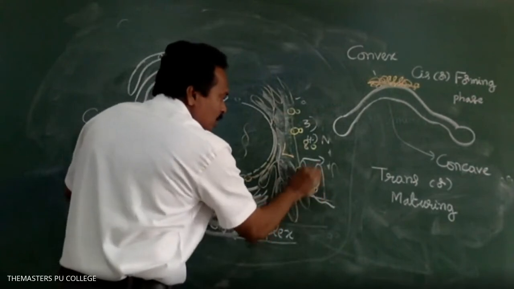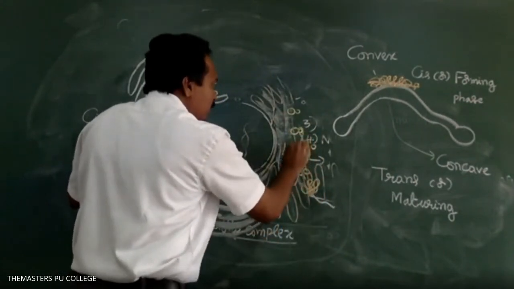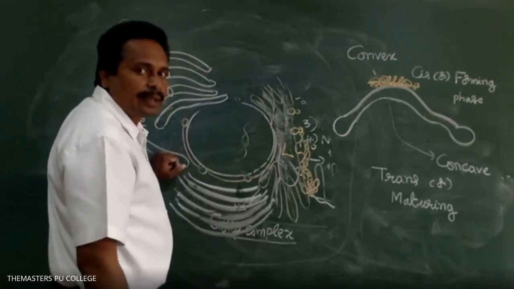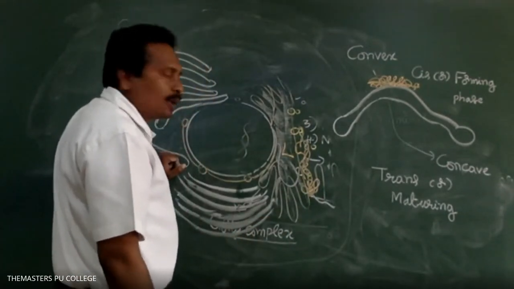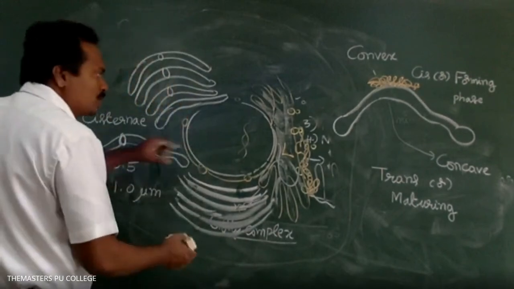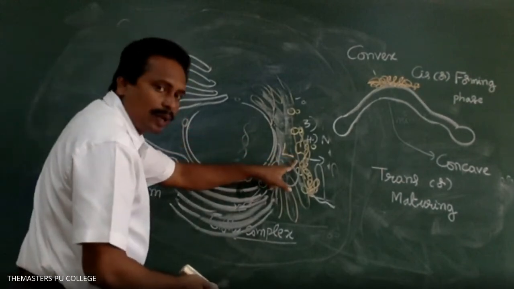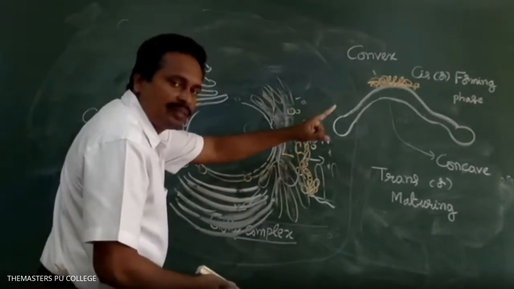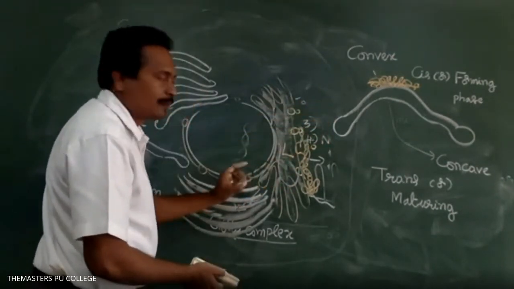The proteins are synthesized on the surface of the rough endoplasmic reticulum. Later, the proteins are moved from the rough endoplasmic reticulum to the cis or forming phase of the cisternae.